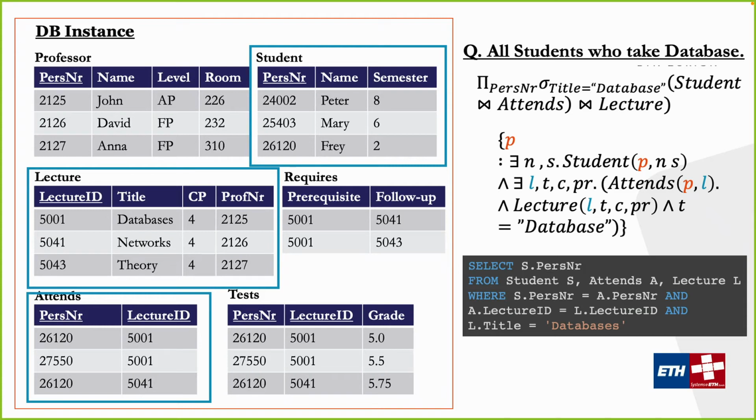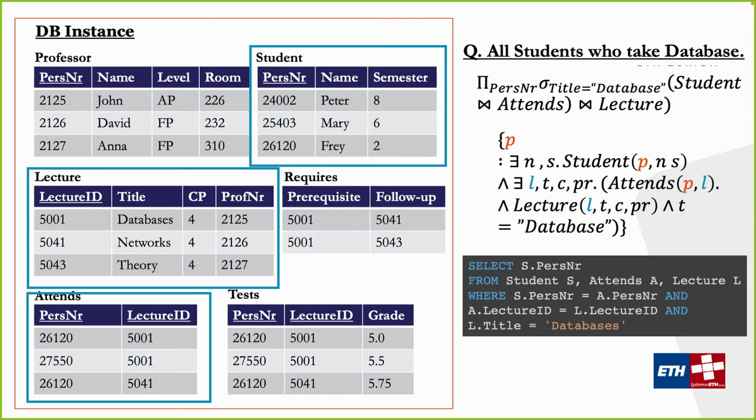You can also write that as student join A on personnel number. That's also something you can do. And then the second condition is that the lecture ID on A needs to be equal to the lecture ID in L, because that's a natural join between attendance and lecture.